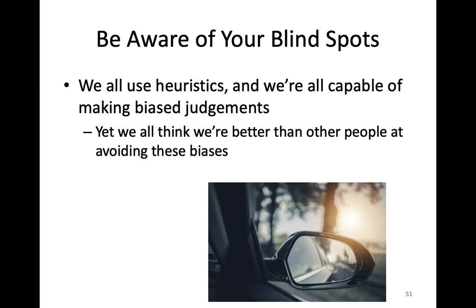So, one, we have to be aware that these biases can affect us, and then be on the lookout for these specific biases as opportunities for us to perhaps make a less than ideal decision.